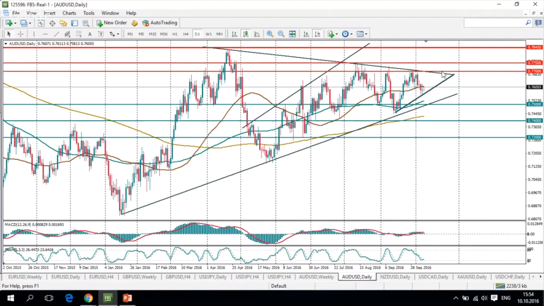So once again, once we approach the 0.77 mark, it is a wise idea to put a sell order here.